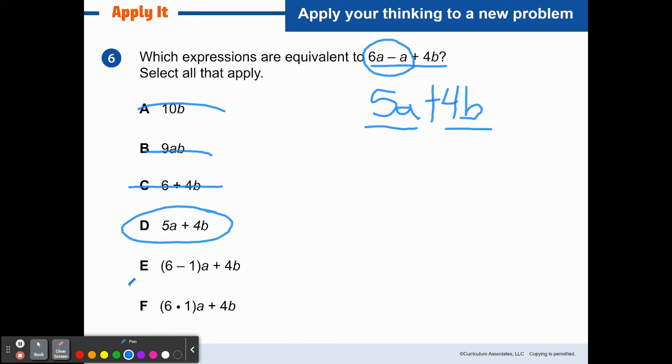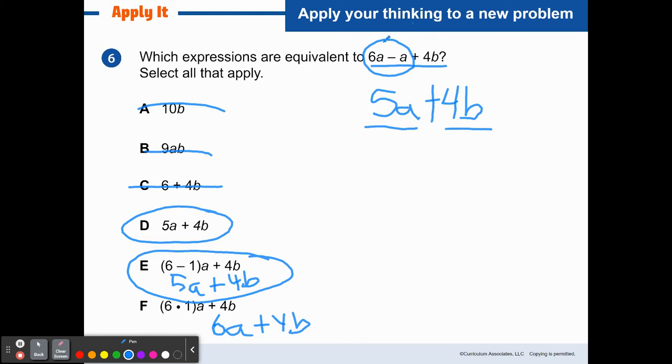Well, yes, I can go ahead and combine 6 minus 1. 6 minus 1 is 5, and that is being multiplied times a, so I would write it as 5a plus 4b. And then I would simplify my next one, and I would say, okay, 6 times 1 is 6, and that's 6a plus 4b. Then I can look and say, okay, are any of these the same as my expression here? And yes, E is equivalent.